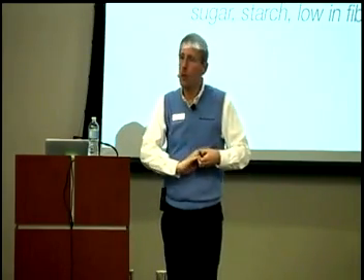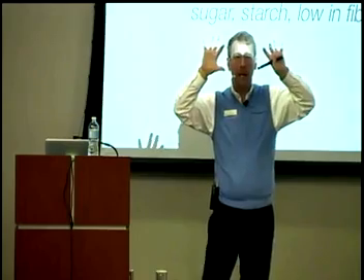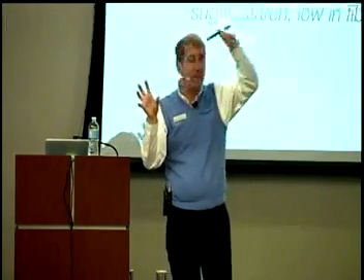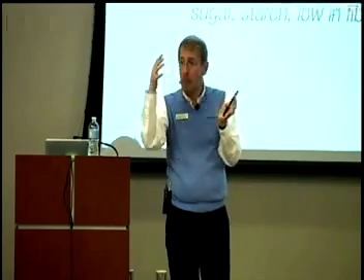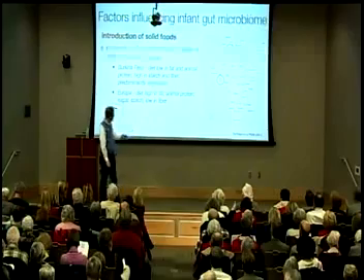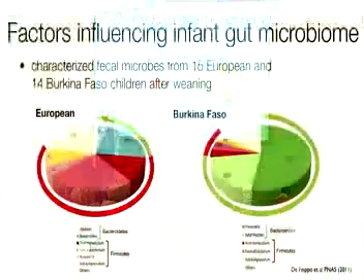Now, remember I told you that the gut microbiome has two primary phyla, two primary groups of bacteria, the Bacteroidetes and the Firmicutes. You're going to see in the next slide the ratio of Bacteroidetes to Firmicutes in the kids from Burkina Faso and the kids from Italy. And they are dramatically different.